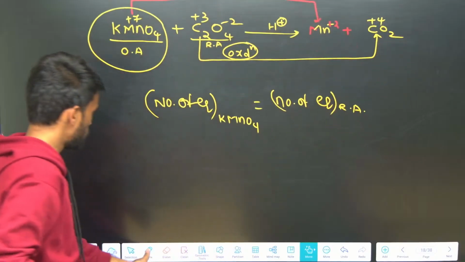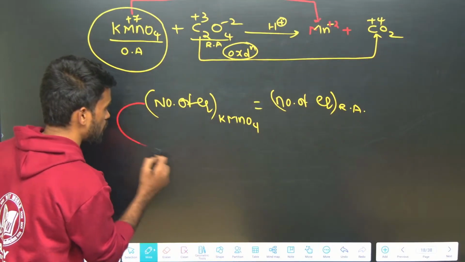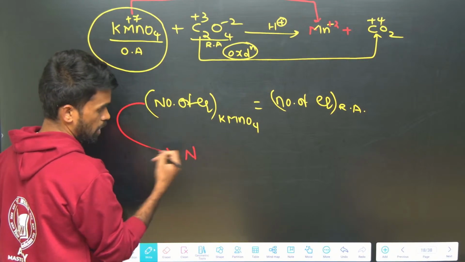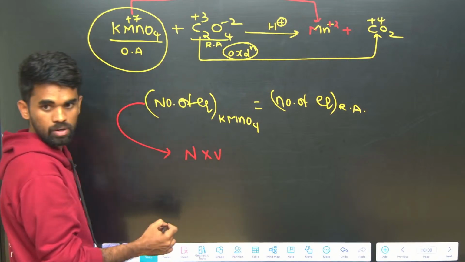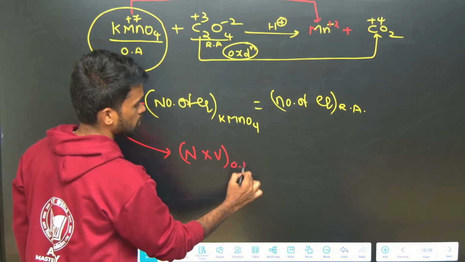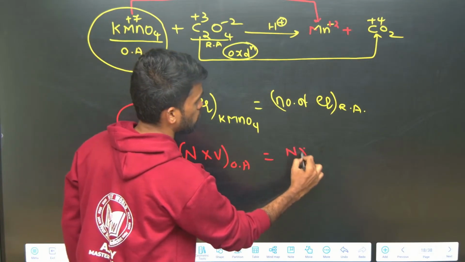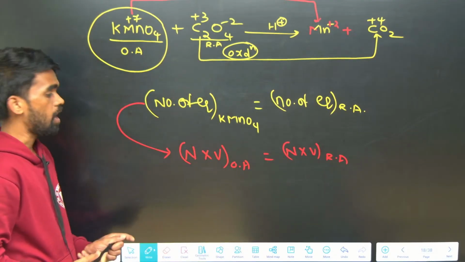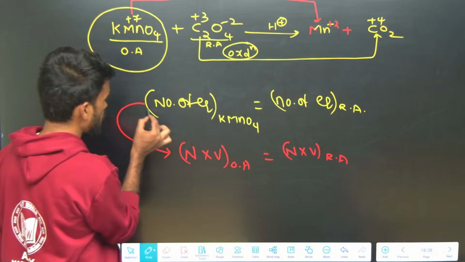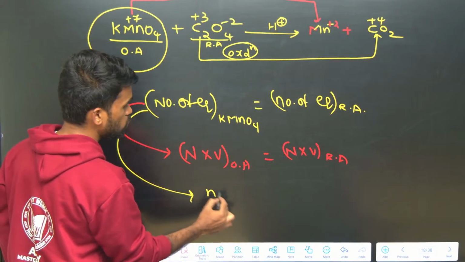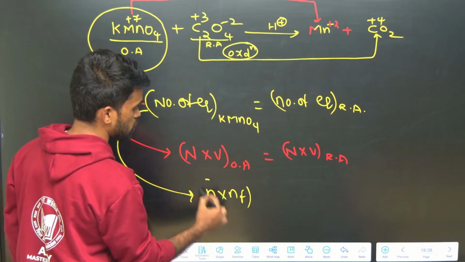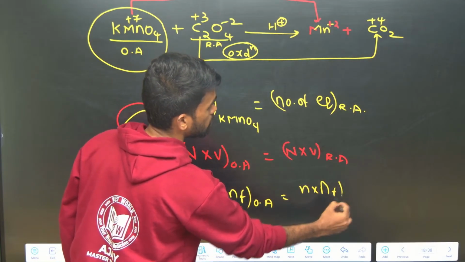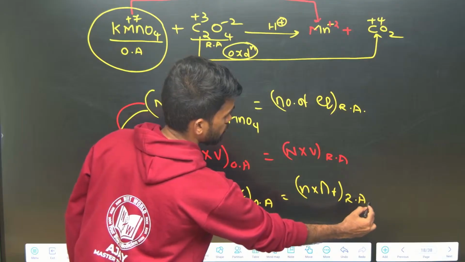So now instead of writing number of equivalence, you can write normality into volume of this oxidizing agent will be equal to normality into volume of this reducing agent. You can use this formula, or you can also use number of equivalence as n into n factor of this oxidizing agent and n into n factor of this reducing agent.